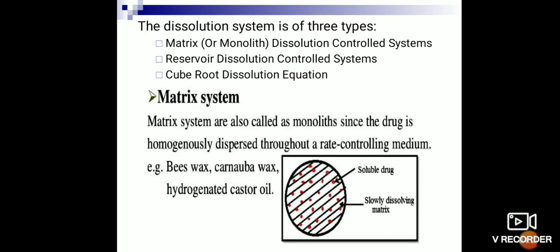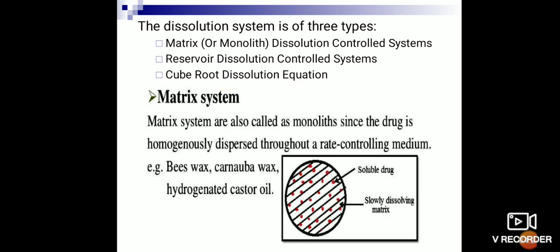The dissolution system is of three types: the matrix dissolution control system, the reservoir dissolution control system, and the cube root dissolution equation.